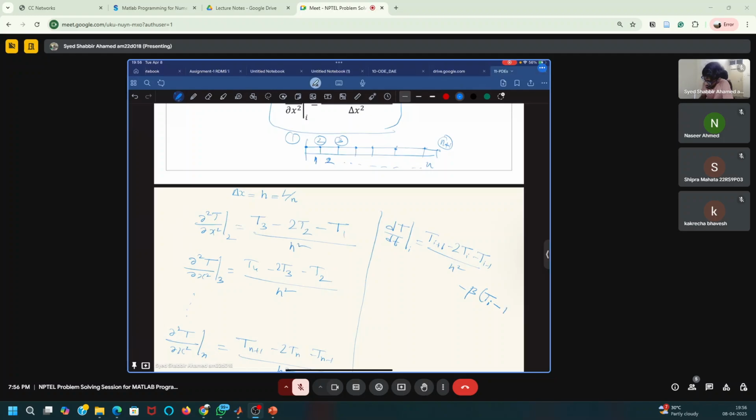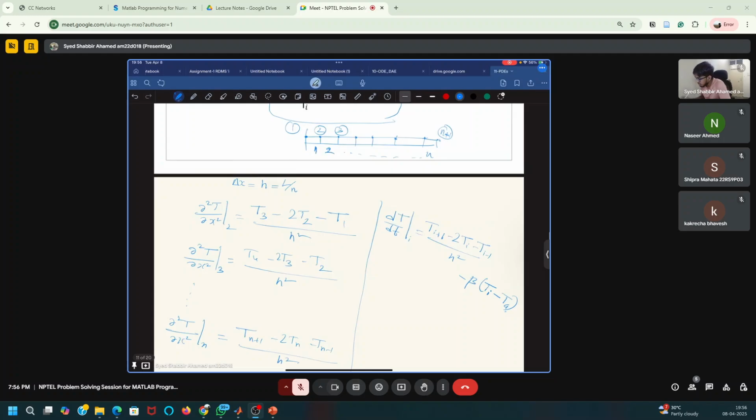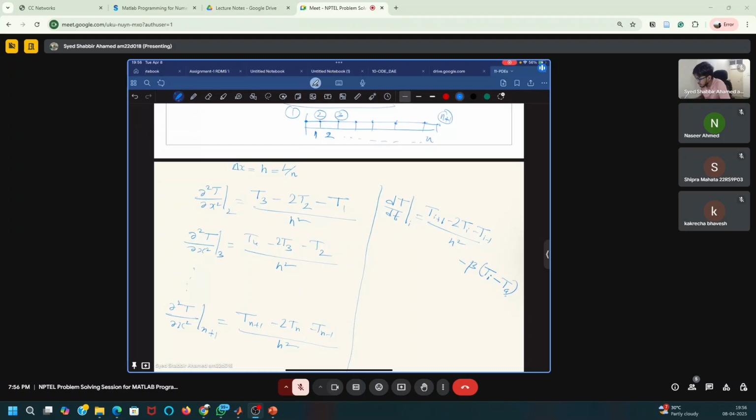So this is for each point, i equals 2 to n only.